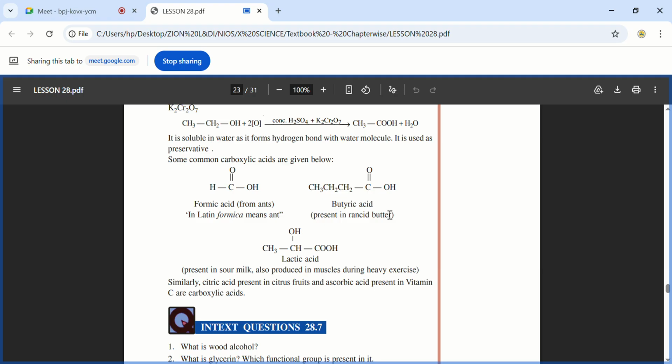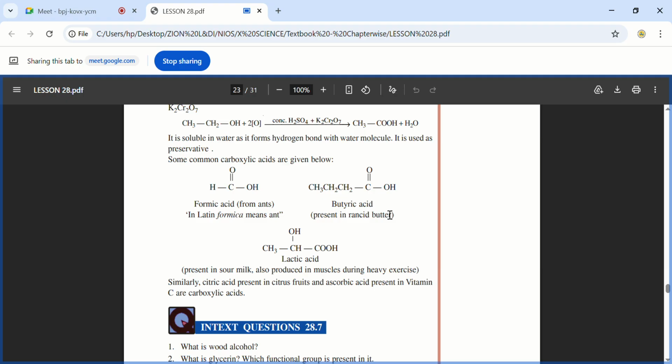The air present in the packet goes outside, and the air in the atmosphere goes inside and reacts with the oil used to make the chips. You will get a rancid smell, right? That is because the oil present there is converted into butyric acid. Is it understood? Lactic acid is present in the milk.